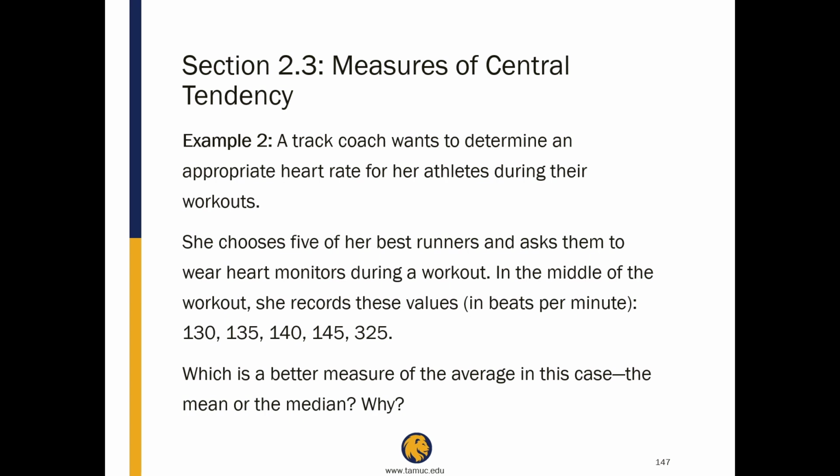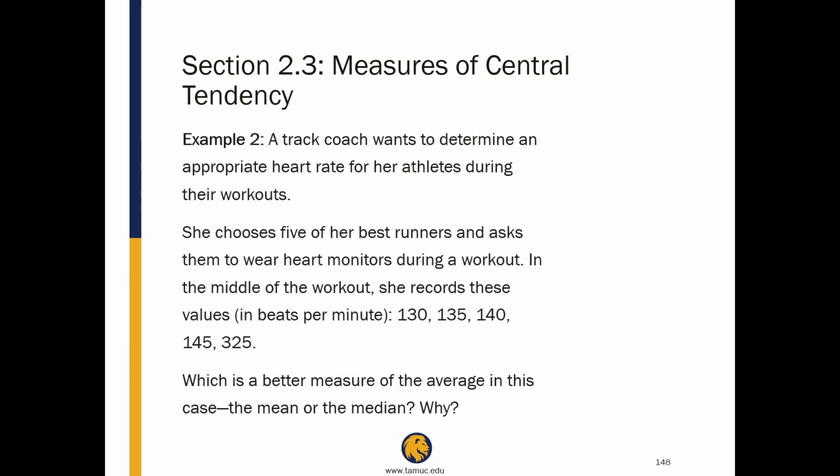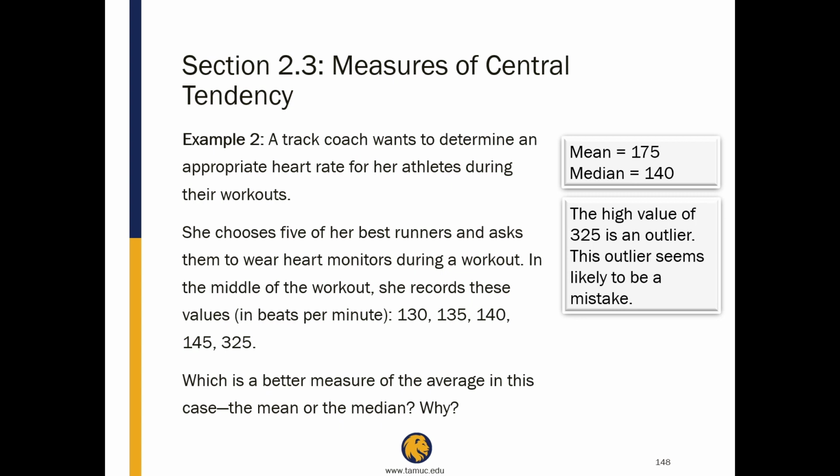If we look at the numbers, and if we look at the median, we can see it's the number in the middle, so that would be 140. And if we were to calculate the mean, we'd find that it's 175 if we added the numbers together and divided by 5. So which one of these two is more representative of the majority of the values? The issue here is there's a high value of 325.